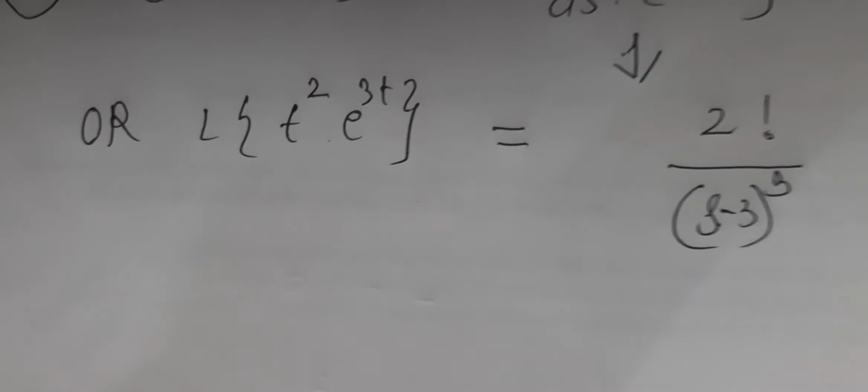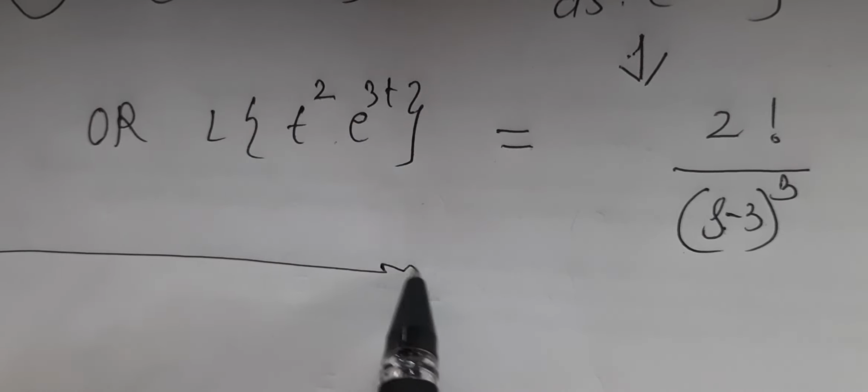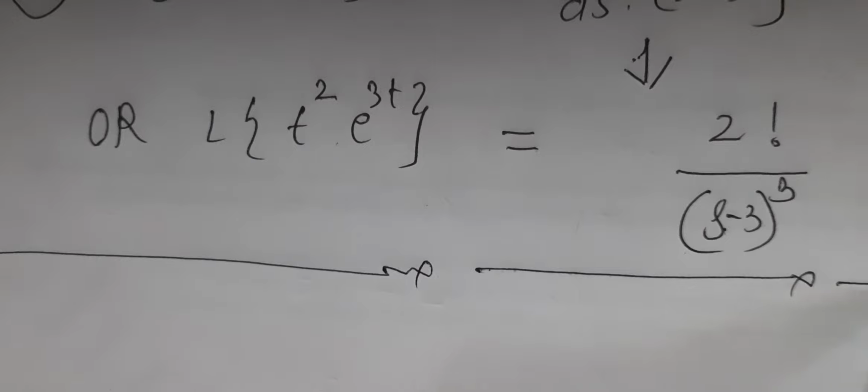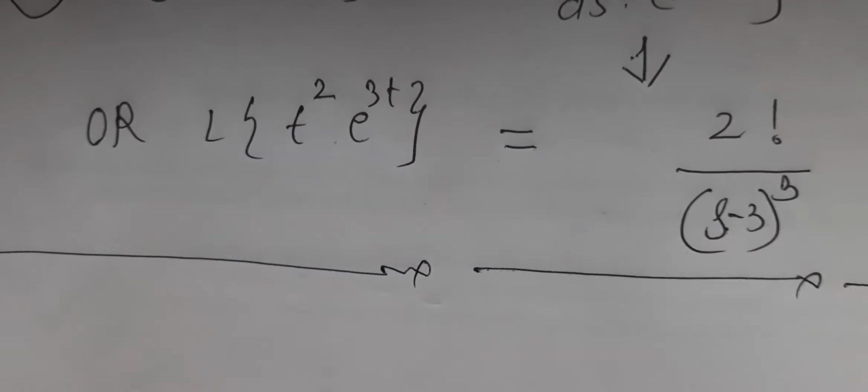Always give priority to the first shift rule. So this was our third theorem, the multiplication by t theorem. I hope you have understood it. We solved sample problems, and I hope the concept is clear.